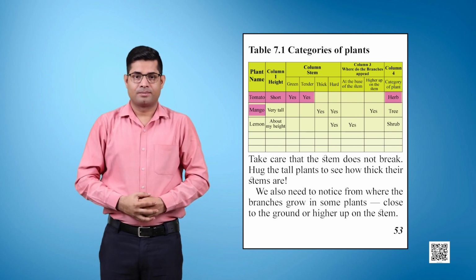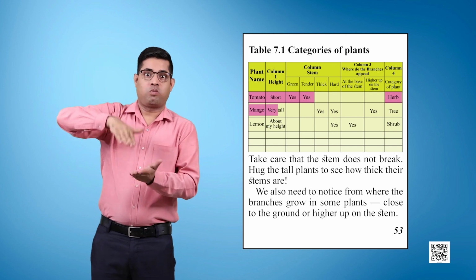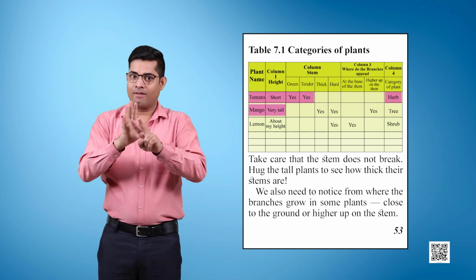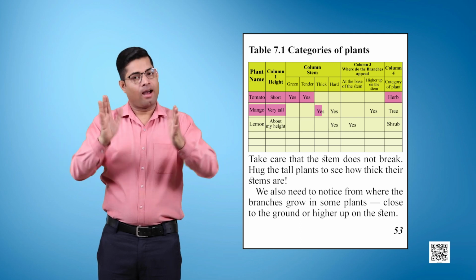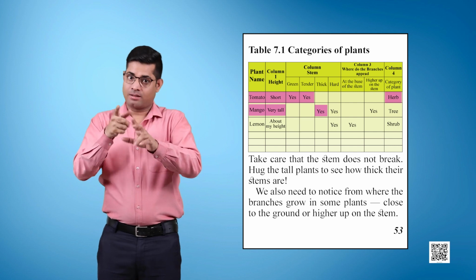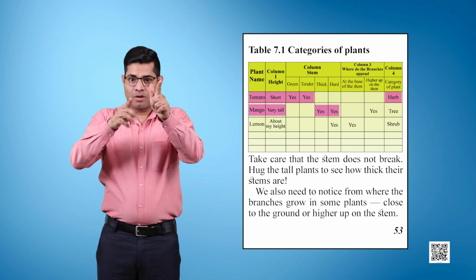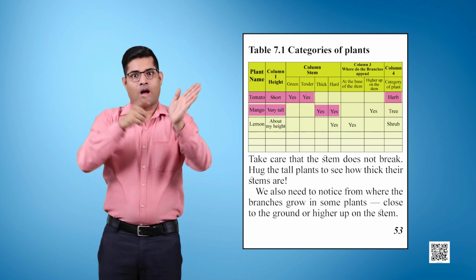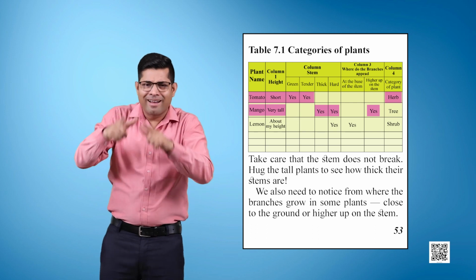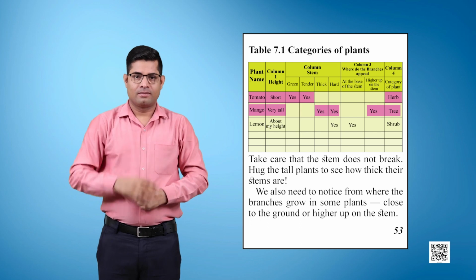Mango, height, very tall. Thick, yes. Hard, yes. Higher up on the stem, yes. Category of plant, tree.